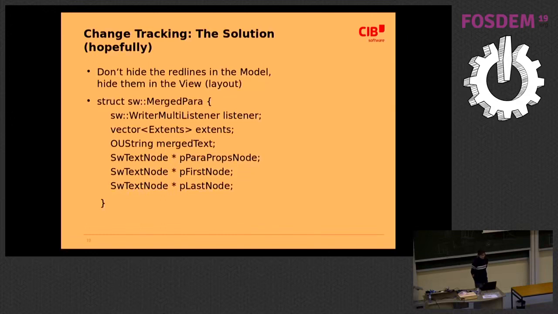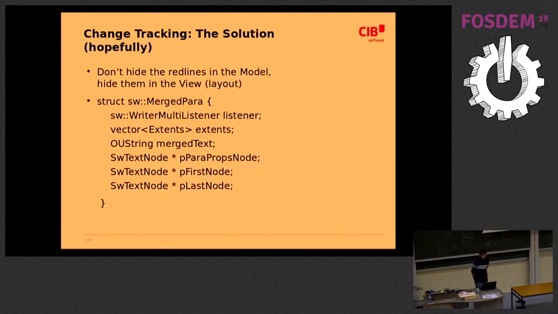In order to do this, we extend the layout frame that is associated with the paragraph, the SwTextFrame, with a simple new data type that contains just a listener, a multi-listener that allows the text frame then to listen at multiple model text nodes.